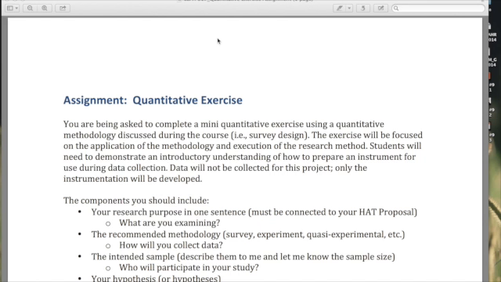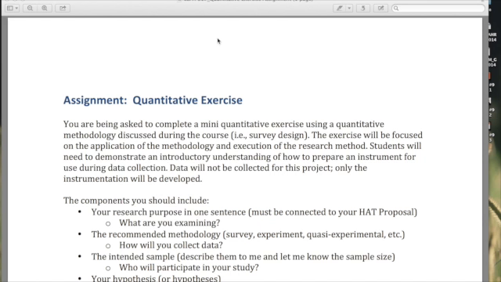There's both a quantitative and a qualitative exercise, and for this assignment we're going to focus only on the quantitative aspect because that's where we've been focusing our time over the course of the last few weeks in our class. We're going to be specifically focused on survey design. This exercise will be focused on the application of the methodology and execution of the quantitative research method.